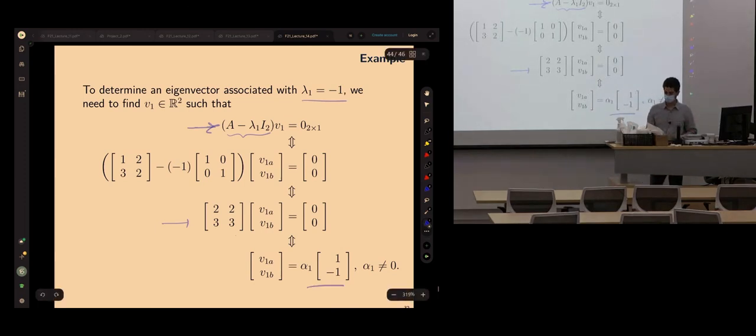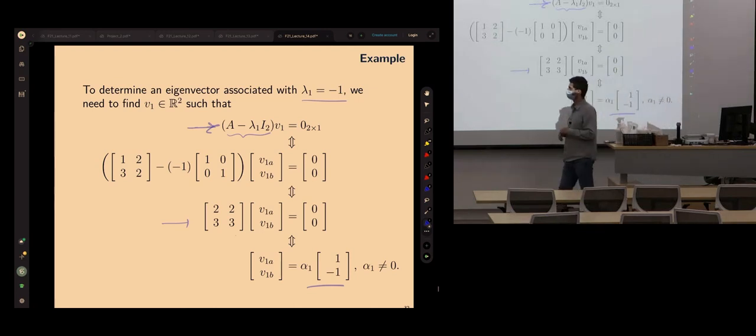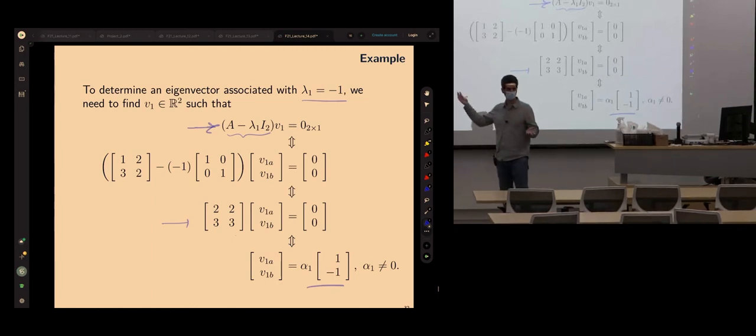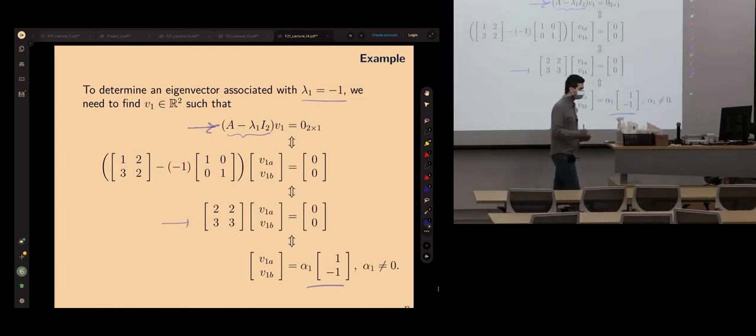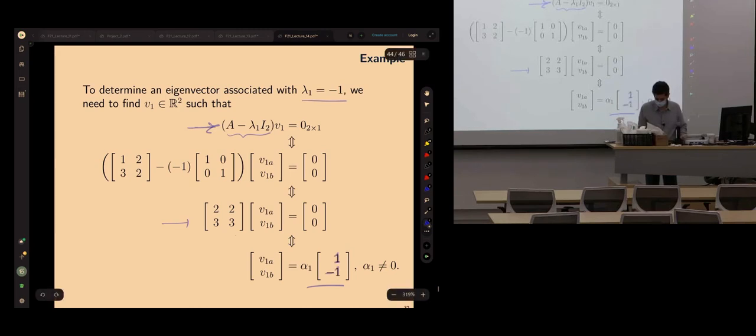Any vector that has this form, alpha times 1, minus 1, right? Again, the scalar multiple of that vector is not important. Any vector that is 1 and minus 1 will satisfy this equation. So that is my eigenvector.